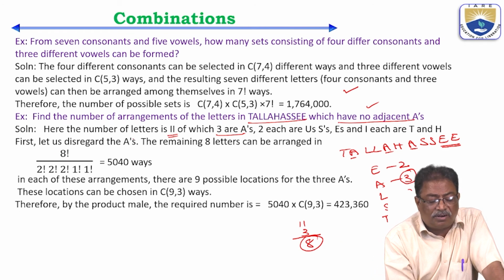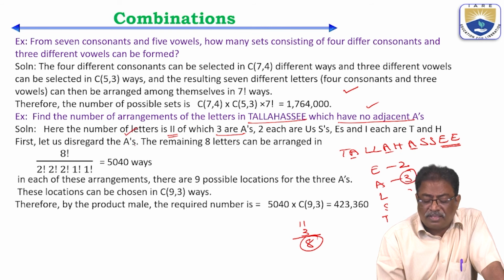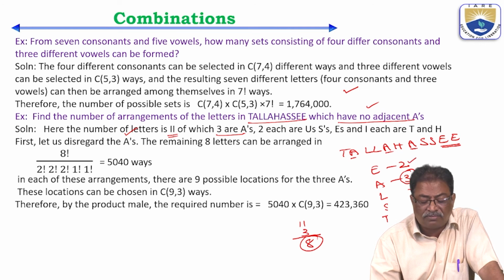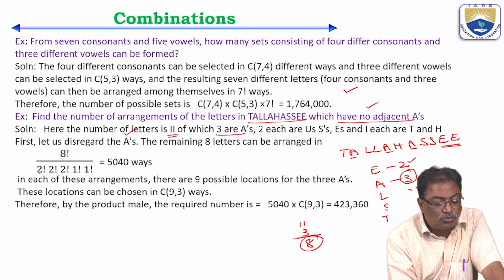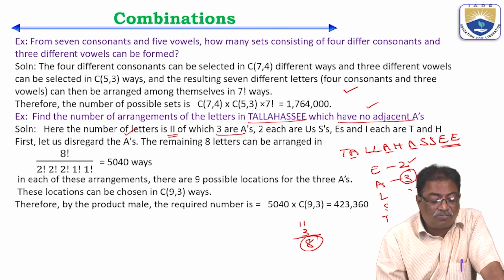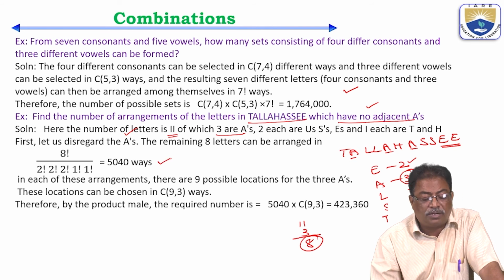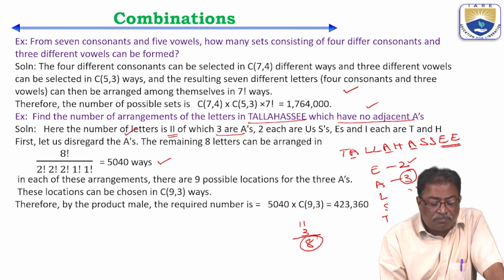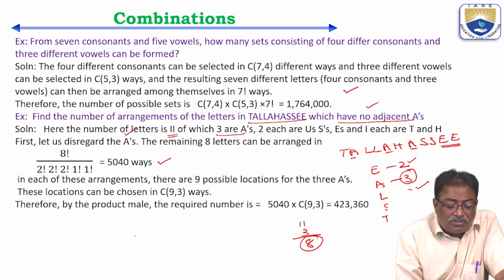Let us disregard all A's. Then what I get is 8 factorial, divided by 2 factorial for the letter repeated twice, 2 factorial again, and 2 factorial again. Then the remaining is 1 factorial, which is nothing but 5040 ways.